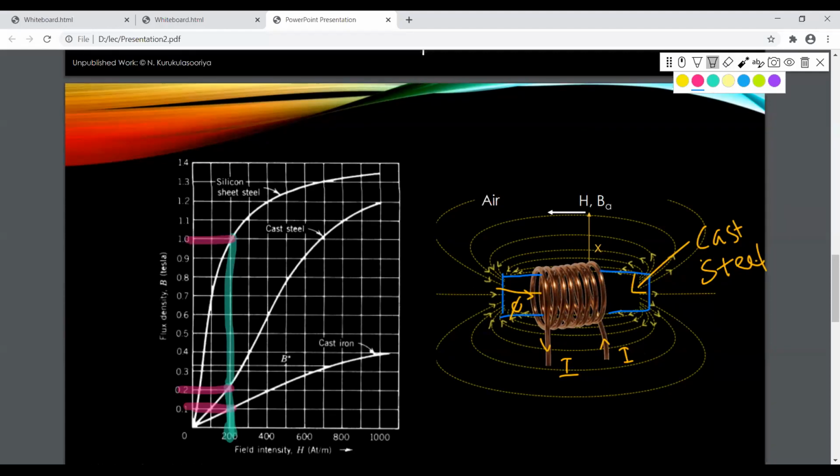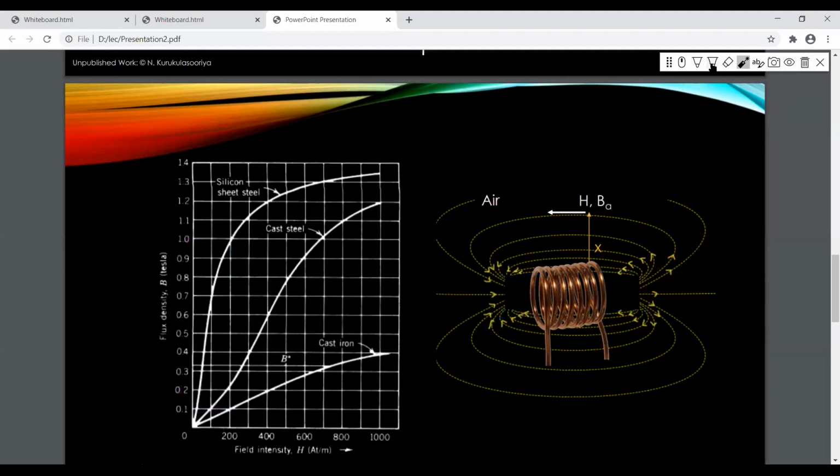So what I want to tell is that there are materials which can give a very high amount of magnetic flux density, in other words, a very high value for B for the same H value, right? For the same H value, there are materials which can give a very high value of B.